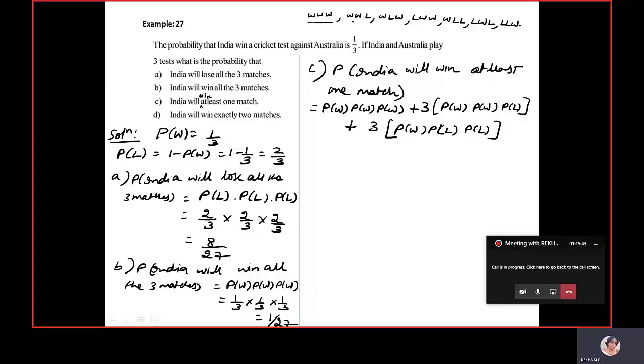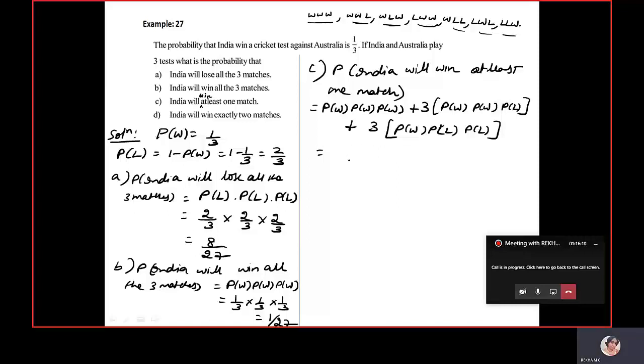So it is these 3, then plus 3 into P of W into P of L into P of L. So these 3. Okay. So therefore we considered it as the product.